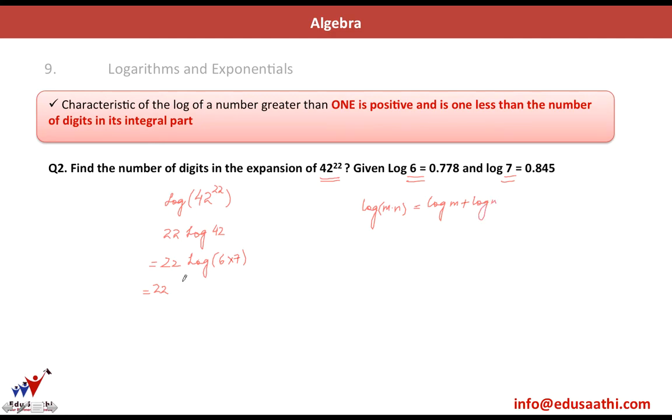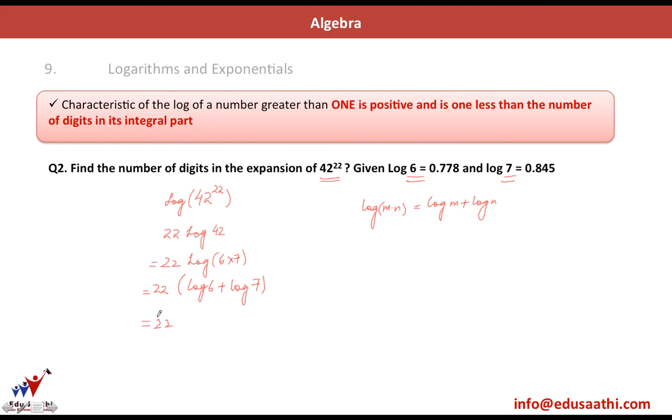This will be log of 6 plus log of 7. Now log of 6 and log of 7 are given to you in the question. You can put the values of log 6 as 0.778 and log 7 as 0.845.